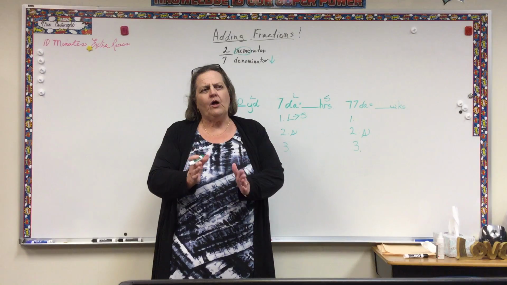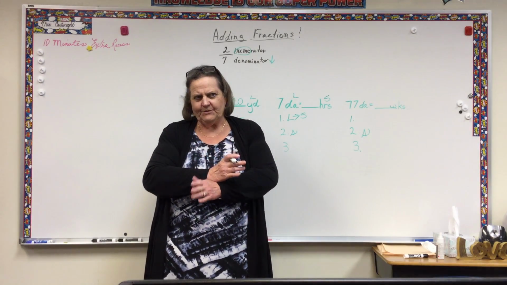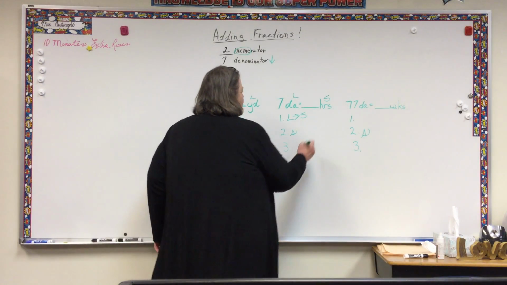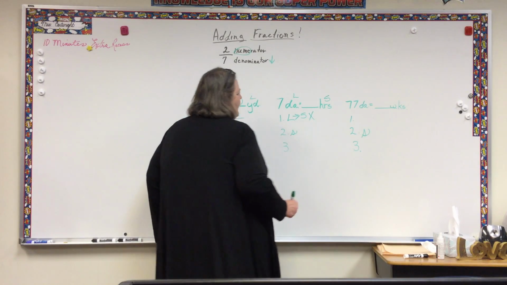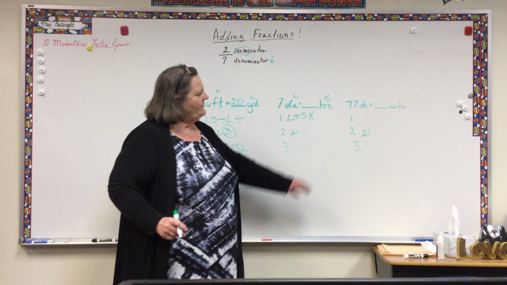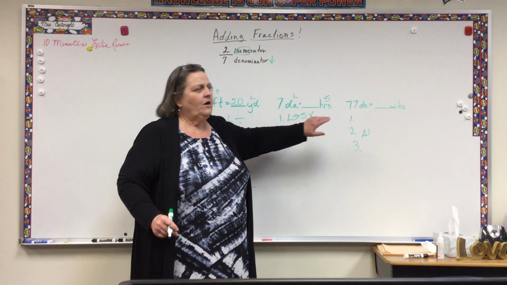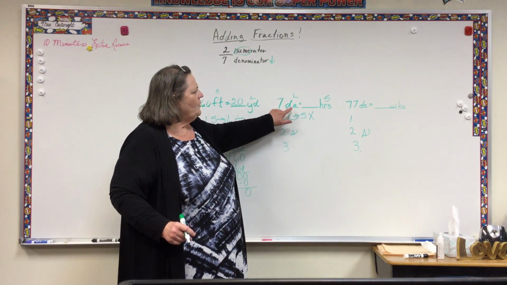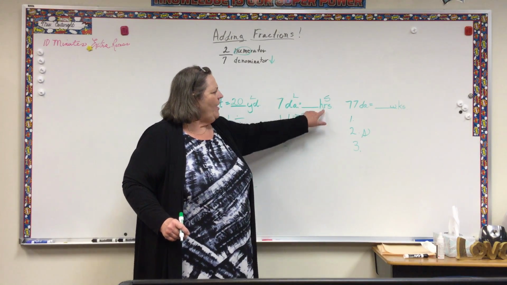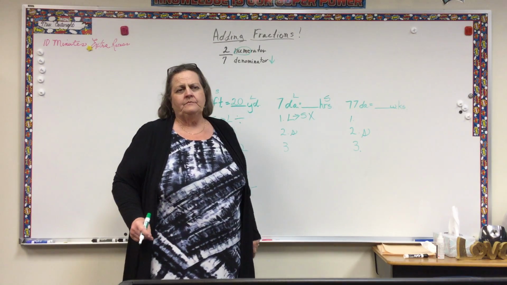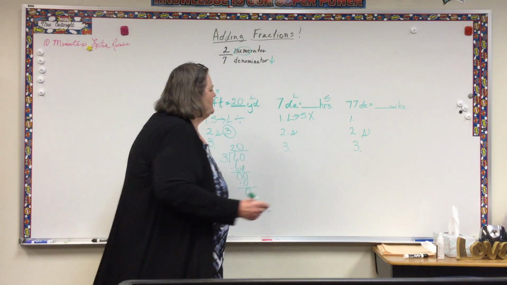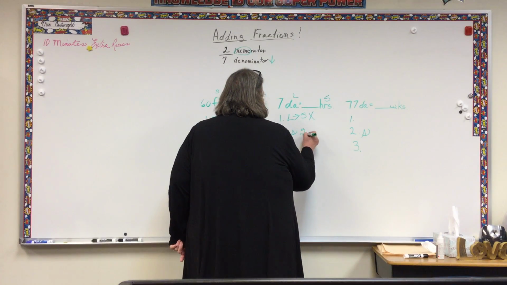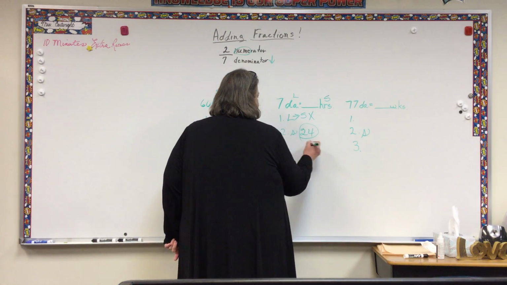Larger to smaller, what do we do? Multiply, yes. So then we will be multiplying. And then I have to figure out how many of the smaller units are in the larger unit. How many hours are in a day? 24. So that's our special number, 24.